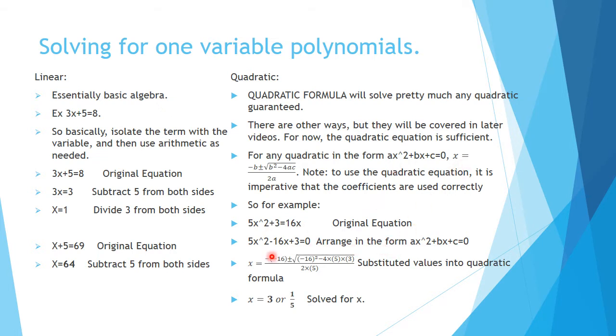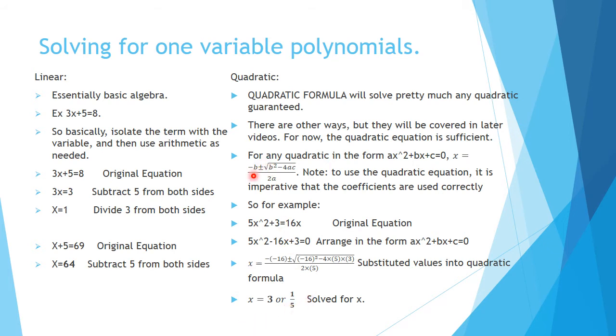So we put it in this format by subtracting 16x from both sides. So 16x minus 16x is 0, and 5x squared plus 3 minus 16x is equal to this. Now we can use the quadratic formula, and we solve, and x is equal to 3 or 1 over 5.